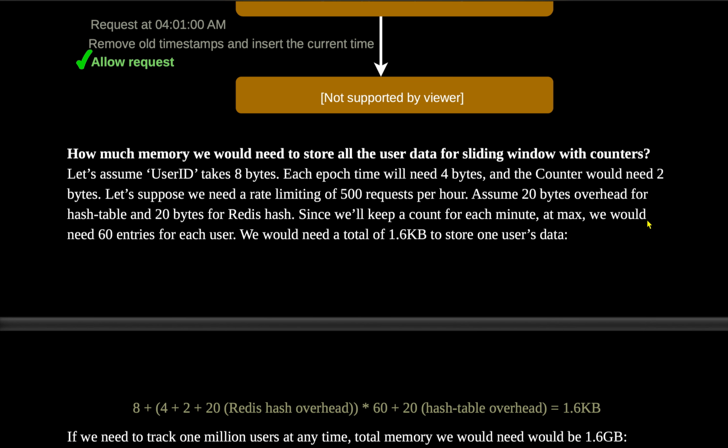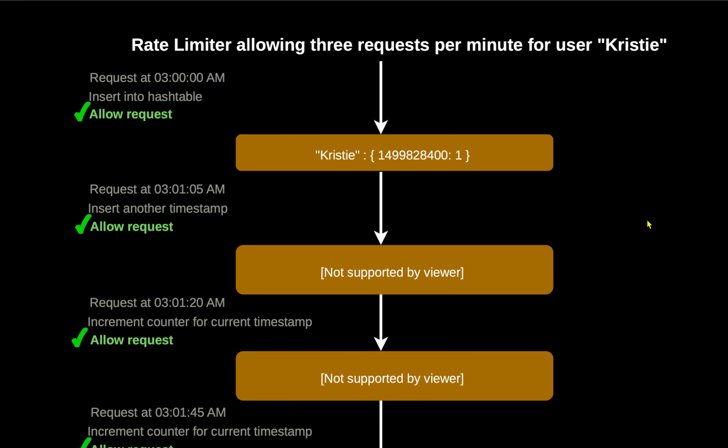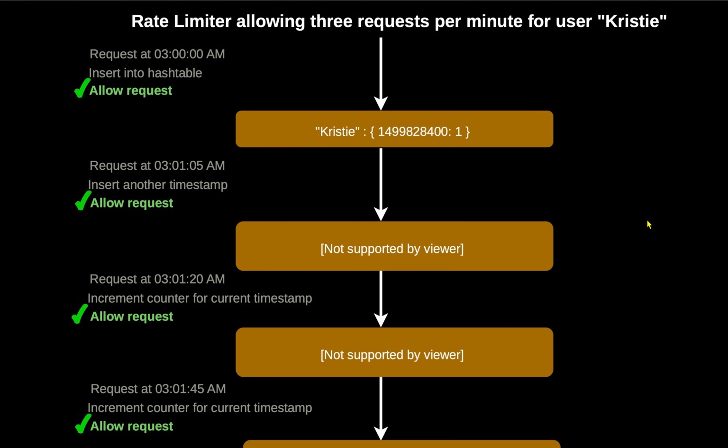Now this is how the flow looks like. I'll quickly overview this one. At 3 a.m. we allow a request. This is how the structure looks like. This is the timestamp. This is the counter.